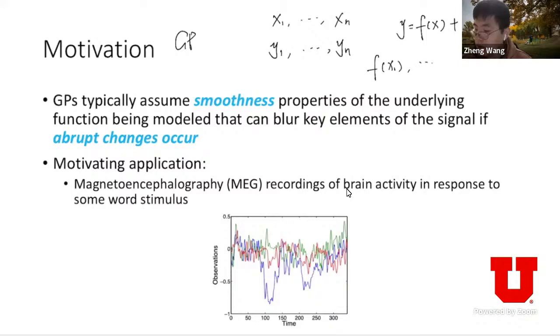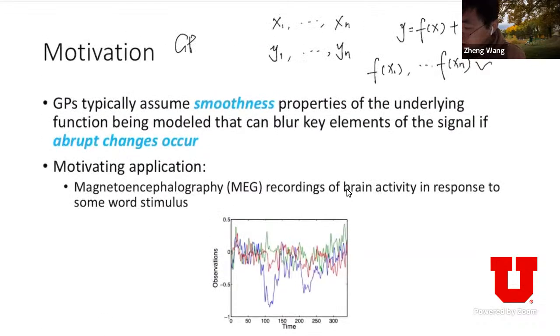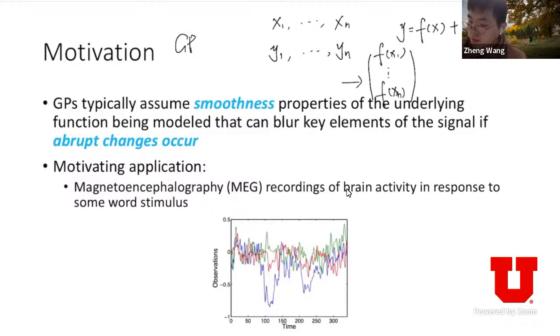And we assume f(x1) to f(xn) altogether follow a multivariate normal distribution.